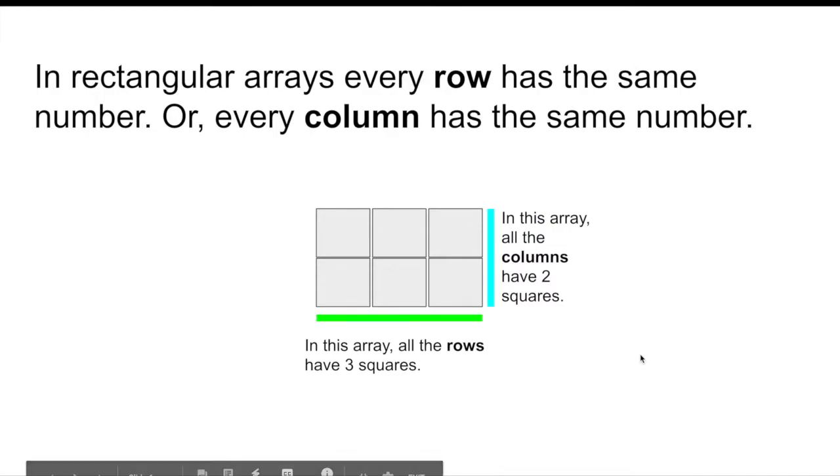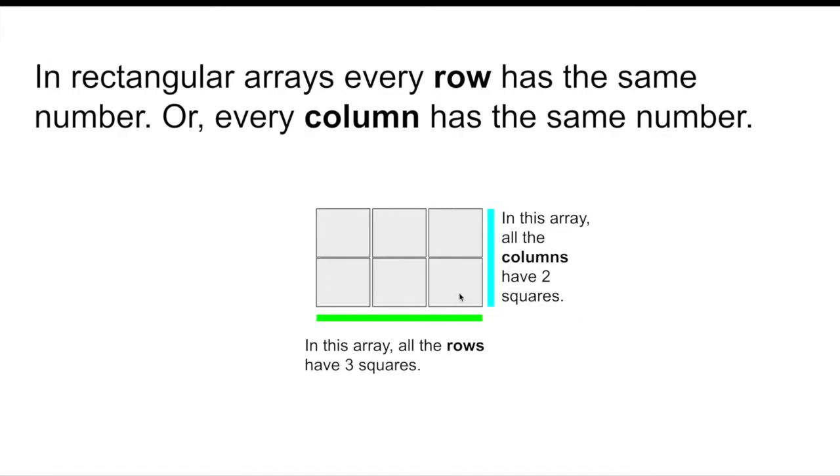A really important thing about a rectangular array is that in every row, there is the same number of things, or in every column, there's the same number of things. So in this array, all the rows have 3 squares. 1, 2, 3. 1, 2, 3. And in this array, all the columns have 2 squares.